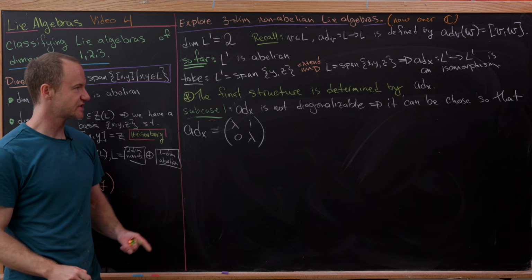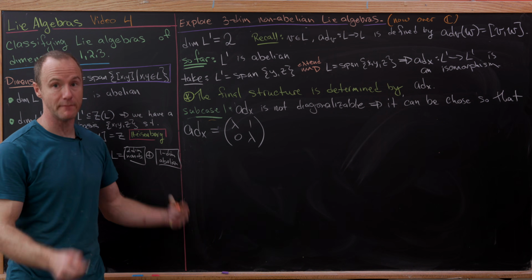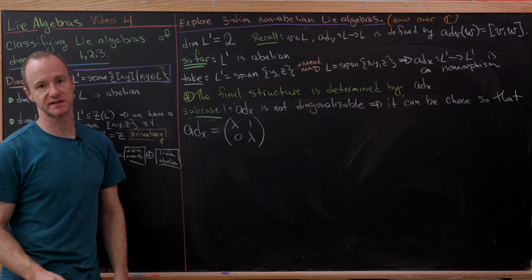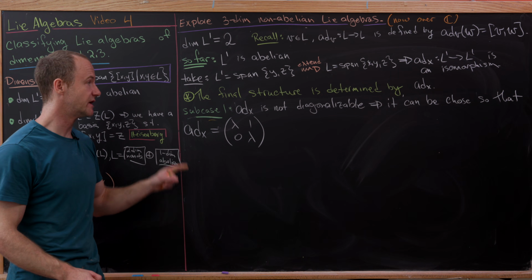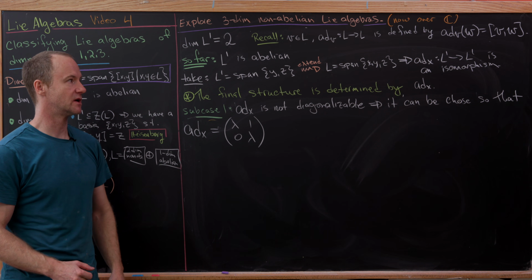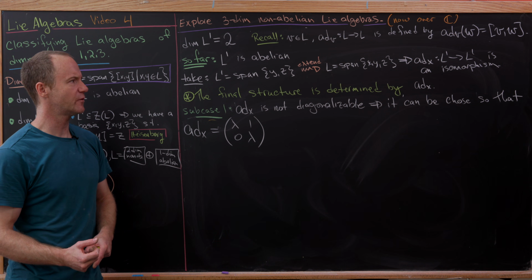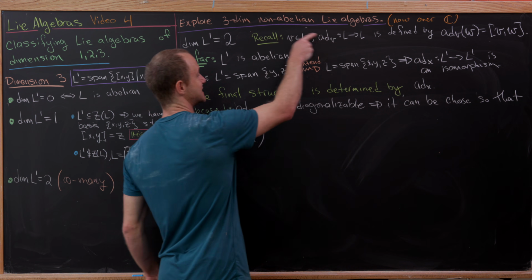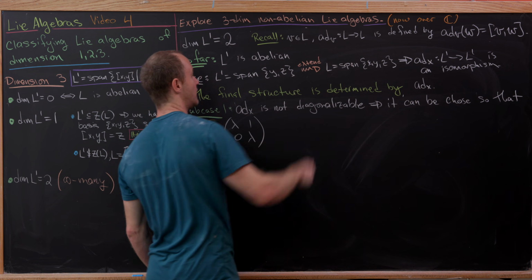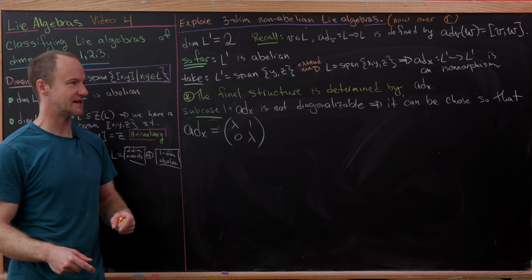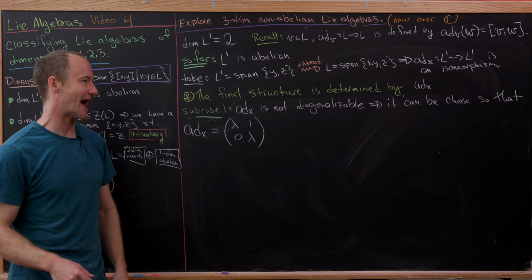Like I just said, the remaining case in this setup where the dimension of the derived subalgebra is 2 is the case where ad x is not diagonalizable. In other words, if we range over all x that extend this basis to a full basis, none of those x's produce a diagonal version of the adjoint action.